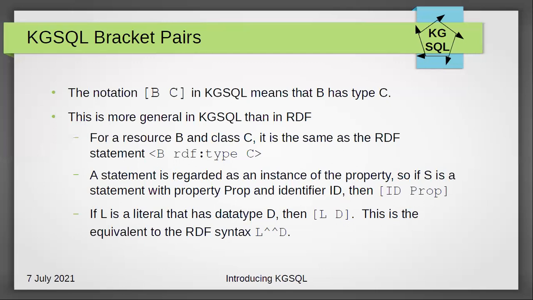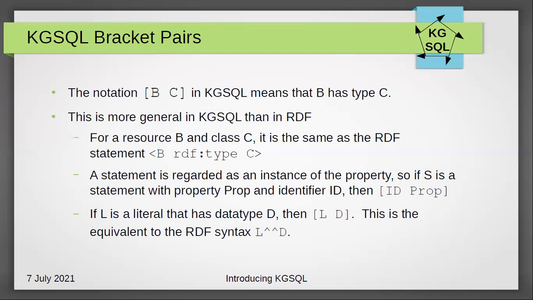However, if ID is a statement identifier, and now statements have identifiers because they're reified, the bracket notation tells you which property the statement belongs to. So statements can now be regarded as instances of properties. Properties are a kind of class in KGSQL. So the distinction between property and class starts to disappear in this language.